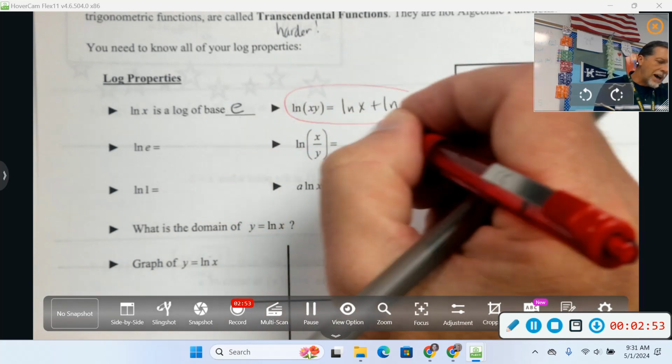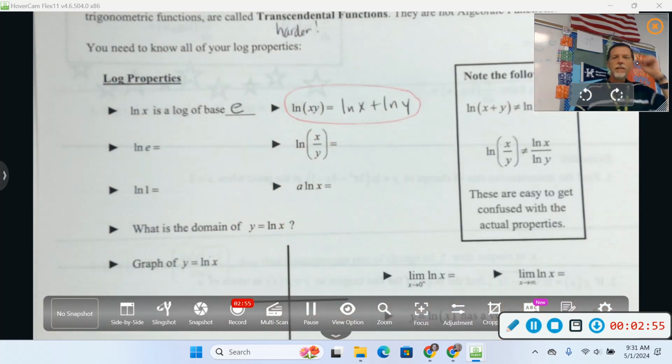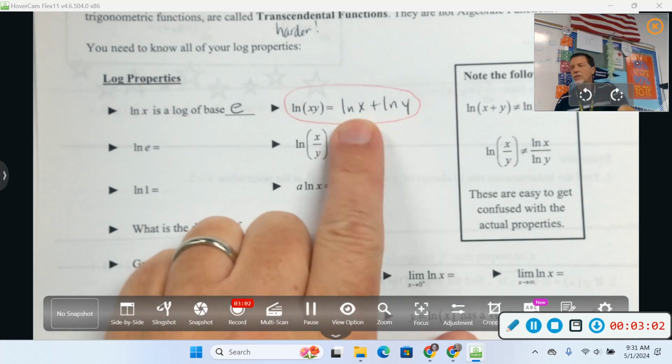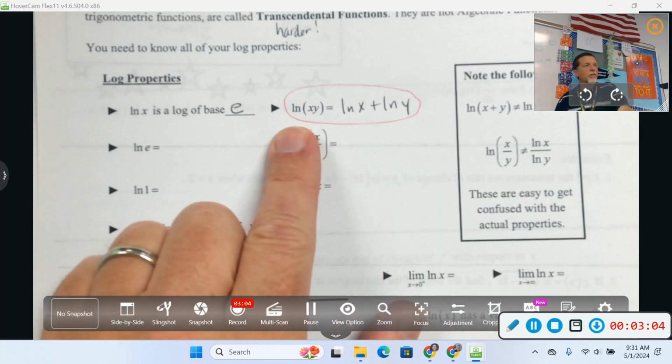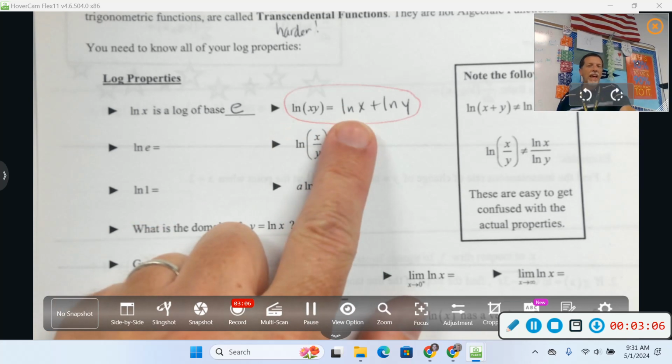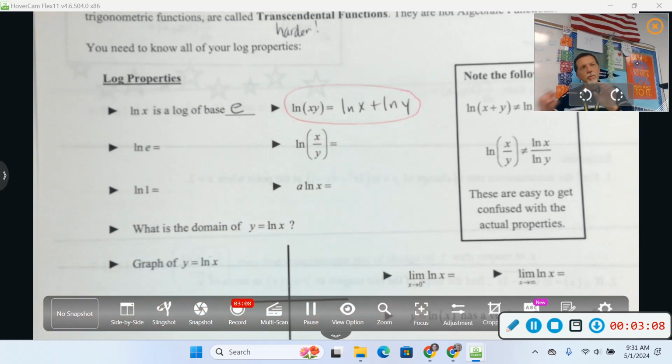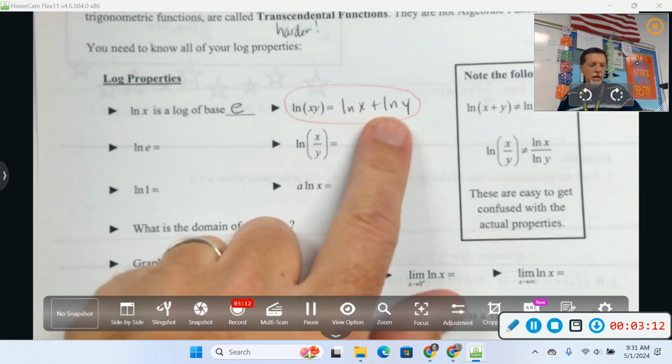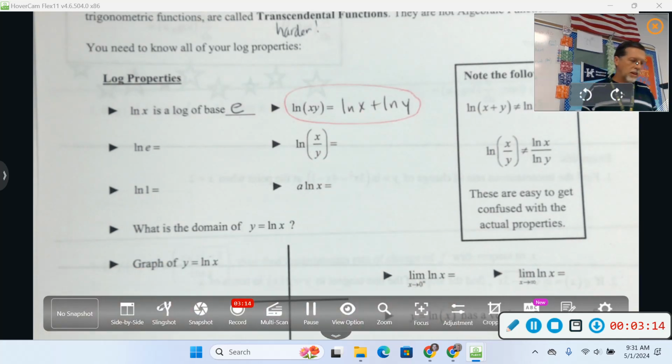Use this one a lot for taking derivatives because it's a whole lot easier to take 2 easy derivatives rather than 1 hard derivative. So peeking ahead, we'll use this one a lot to break up a difficult natural log into 2 easier natural logs, and that makes their derivatives a lot easier.